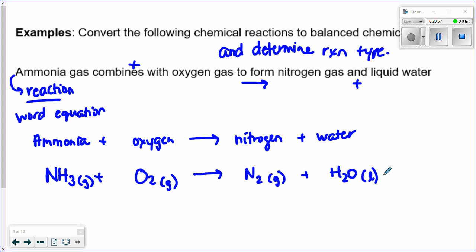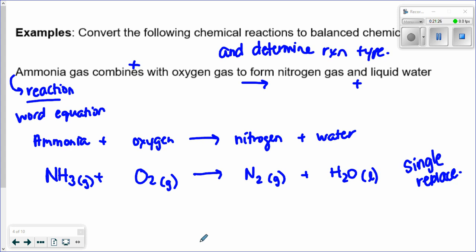So right now, thinking about those five reaction types, what type of reaction does this look like? We have a compound and an element producing an element and a compound. So this is a single replacement.